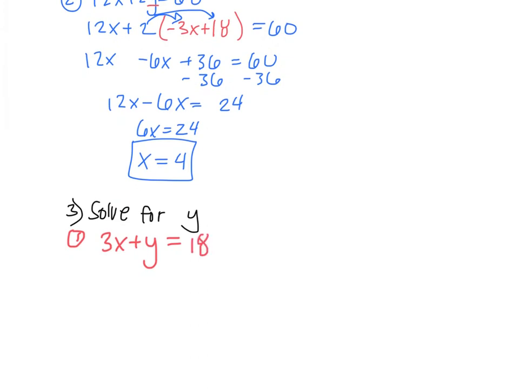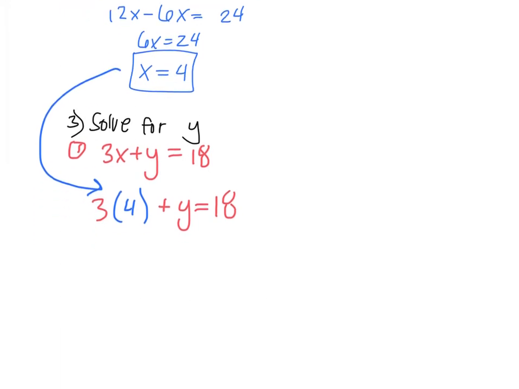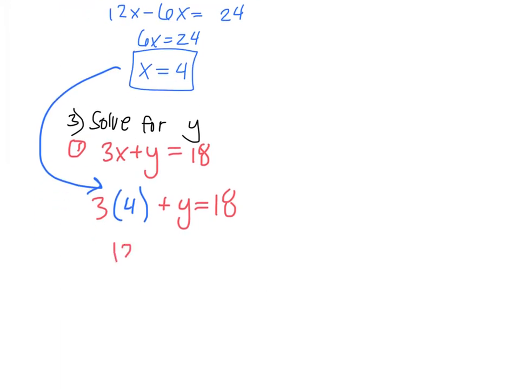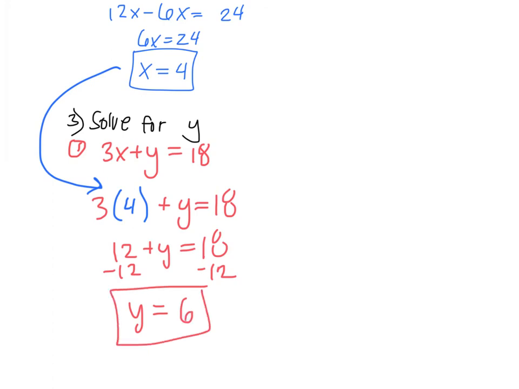We know x equals 4, so let's plug that in. 3 times 4, remember this 4 comes down here, plus y equals 18. What's 3 times 4? 3 times 4 is 12, plus y equals 18. Subtract 12, get y equals 6. And that's our point.